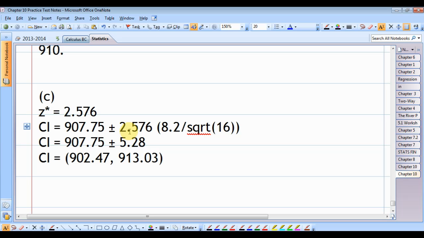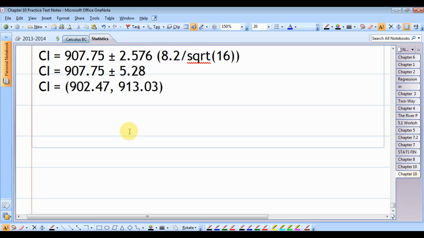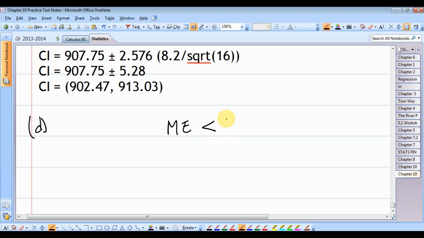And D. If sigma is 8.2, how large of a sample size do we need to reduce the margin of error to less than 3? I think this is our last problem, so I'll just make a mess down here. We want our margin of error, this is letter D, right, to be less than 3. So in other words, Z star sigma over root n should be less than 3.